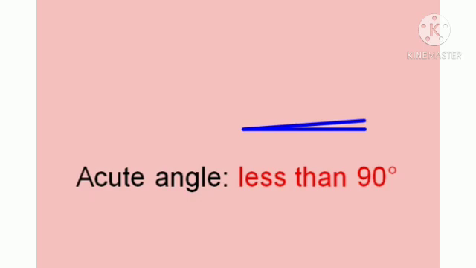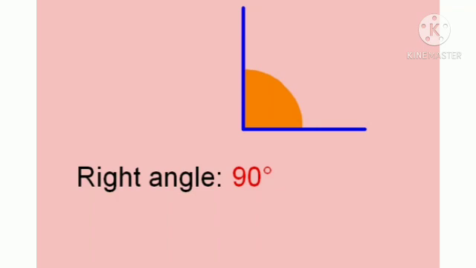An angle is a measurement of how far something has turned. Angles that are less than 90 degrees are called acute angles. An angle of exactly 90 degrees is called a right angle, and we show it like this.